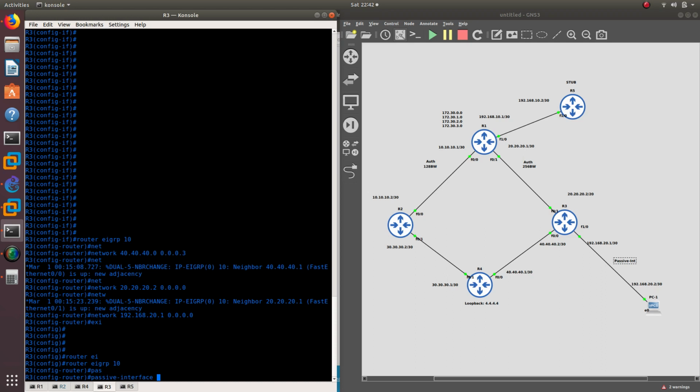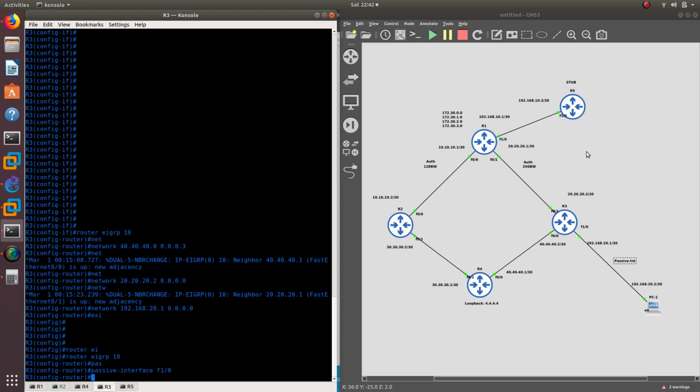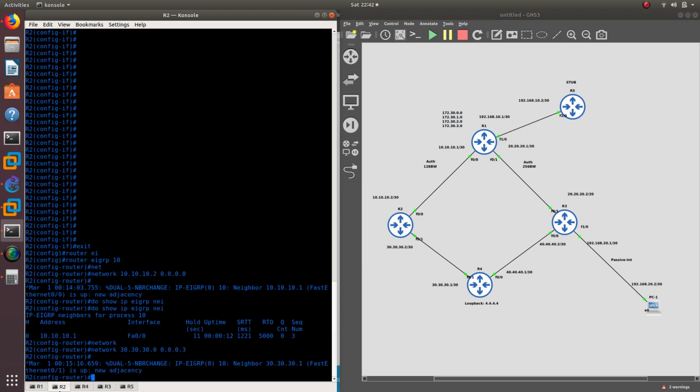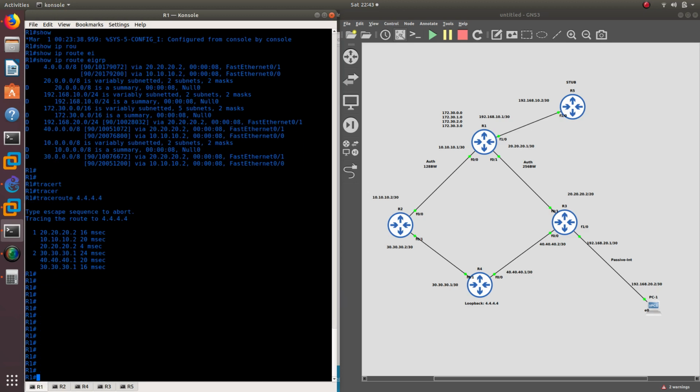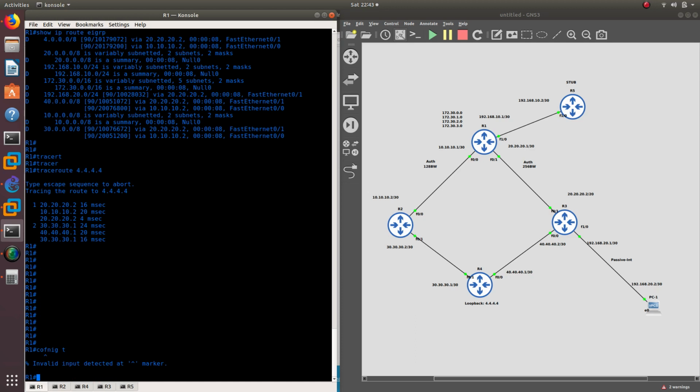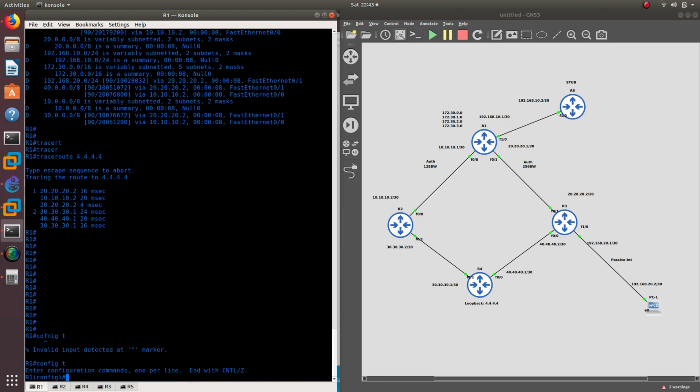So here we go, passive interface FastEthernet 1/0. All right, there we go. So that is a passive interface. Great. Now another thing that I want to do is configure authentication with EIGRP.